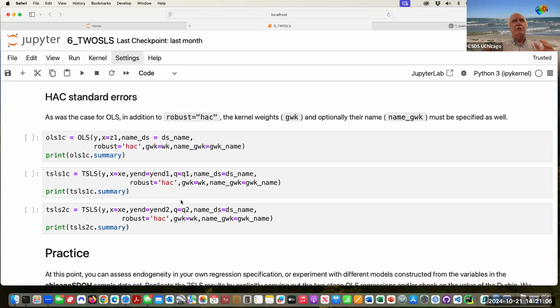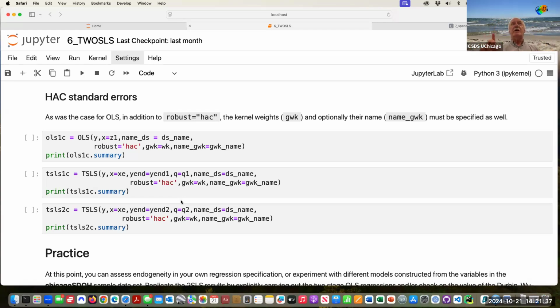As the distance between the pairs, remember these are covariances, so you need two, the distance between these two increases, the contribution of that covariance to the estimate goes down, right? So using this kernel approach, it's the same thing. You estimate this thing in the middle, the X prime sigma X, but now allow for spatial autocorrelation of unspecified form.